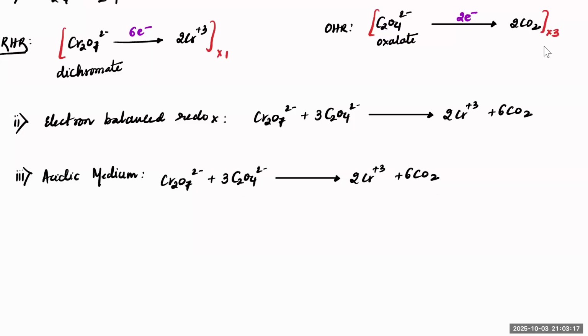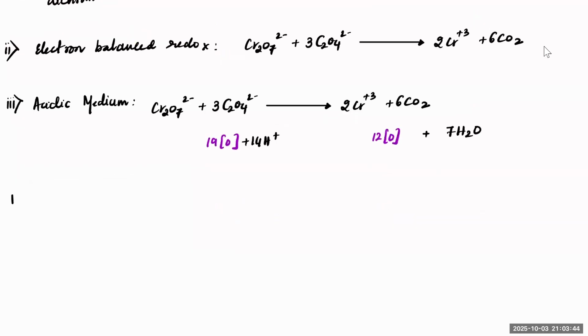Count the number of oxygens. 4 threes is 12. 12 plus 7, 19. So there are 19 oxygens in total on the left hand side. And how many oxygens on the right hand side? 12 oxygens on the right hand side. So what do we need to add? We have to add the difference, which is 7H2O on the right hand side, and counterbalance that with 14H plus on the left hand side. And now the fourth step is about the balanced redox reaction.